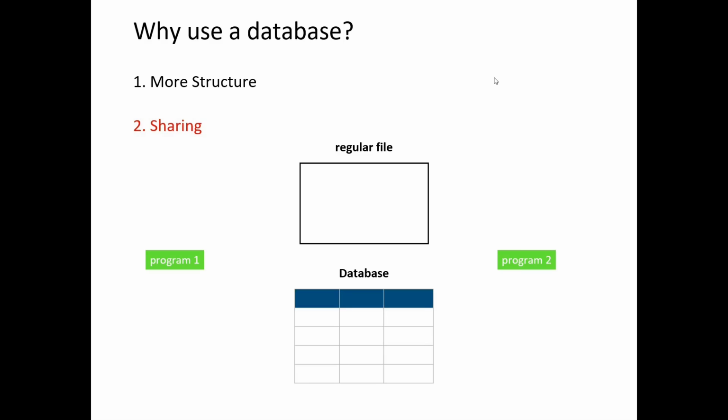All right, next I'd like to talk about why you might choose to use a database over a CSV or JSON file. What are the advantages? So first, you can imagine that multiple programs, I've got program 1 and program 2, may want to share a data file. If they're reading from the file, it's no problem. Program 1 can read from it, program 2 can read from it. They can both have it open at the same time. Same deal with the database.